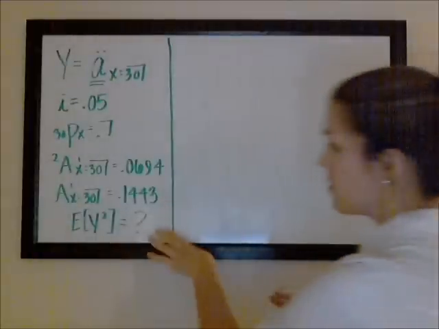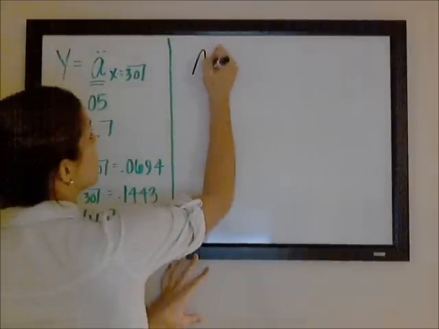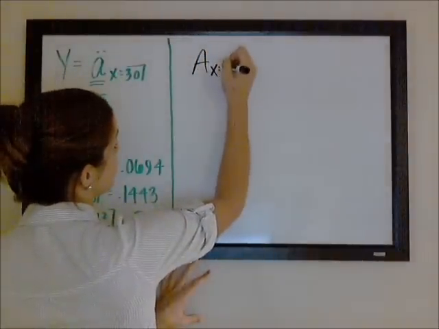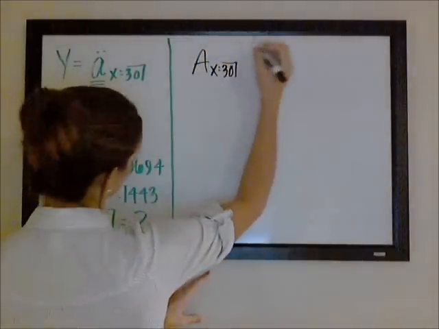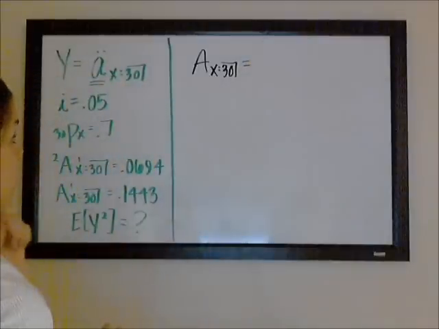Let's start with the actuarial present value of the 30-year endowment insurance on X, payable at the end of the year of death.